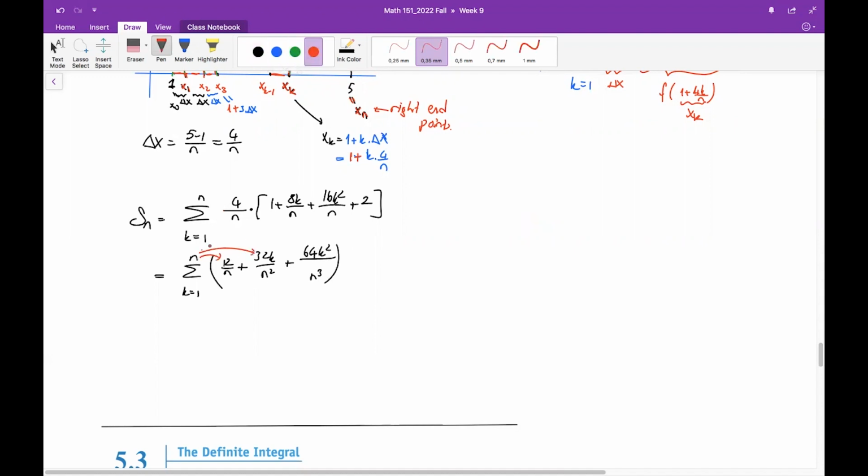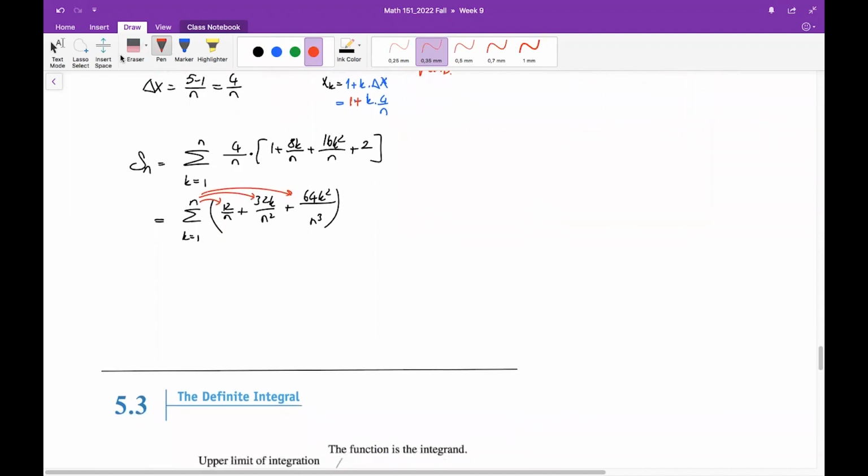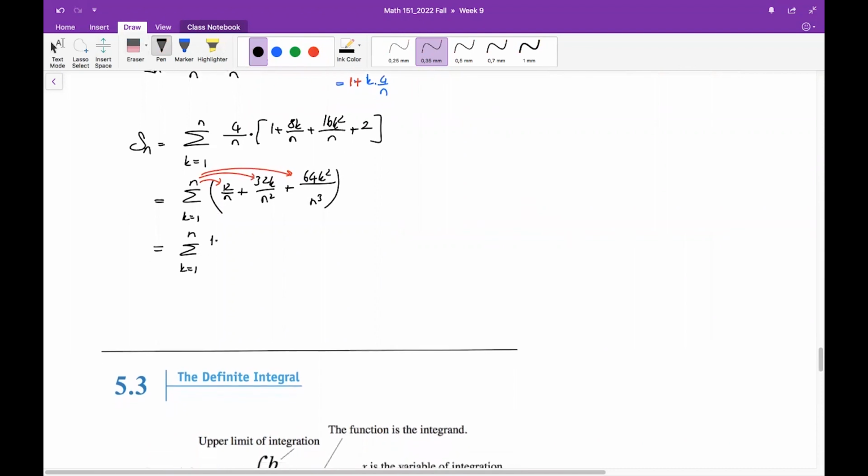And now distribute the sigma notation over sums to obtain this line: the sum for k from 1 to n of 12 over n, plus the sum for k from 1 to n of 32k over n squared, plus the sum for k from 1 to n of 64k squared over n cubed, like that.